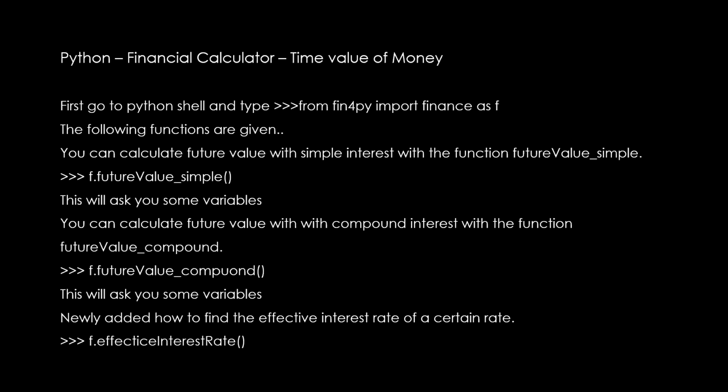It is already available in the numerical Python library. You can use that function directly. Here is an example for your examination purpose, how you can calculate IRR and NPV. We'll see one by one.